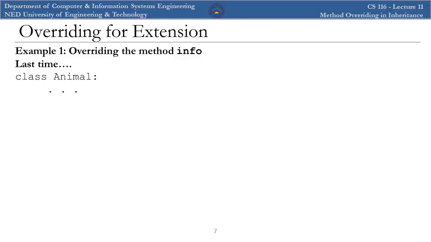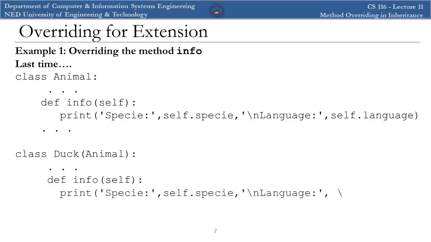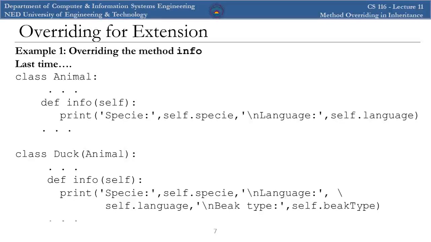We were overriding this method info, but what we observed here is that we had to duplicate some part of the code. Like this will work fine. The info method of duck class will override the info method of animal class. But the problem here is that some part of the print statement is common, right? This red highlighted part.